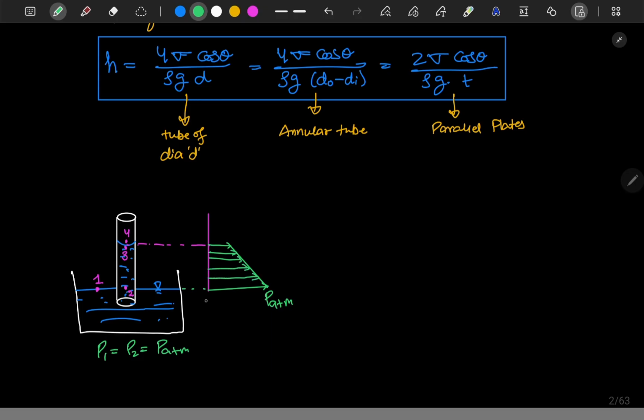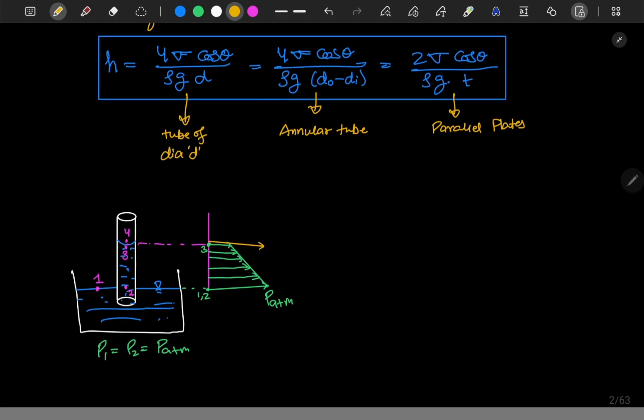This is for points 1 and 2, this is for point 3. If we talk about point 4, this point 4 is open to the atmosphere, so here the pressure again will reach P atm. This is again P atm, and above that the pressure will remain constant, like this.